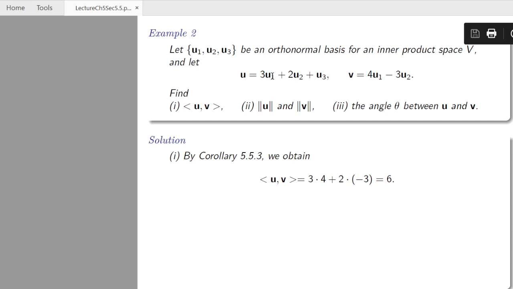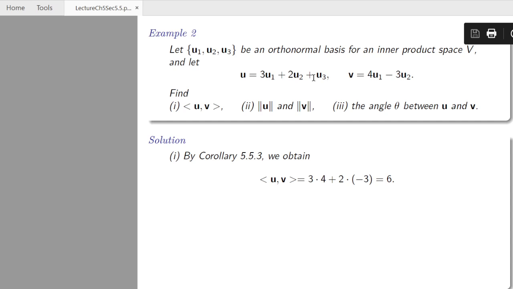So the inner product, we could go one by one. But here, because u1, u2, u3 form an orthonormal basis, the inner product is just the coefficients multiplied. So that should be 3 times 4, then 2 times the coefficient -3.